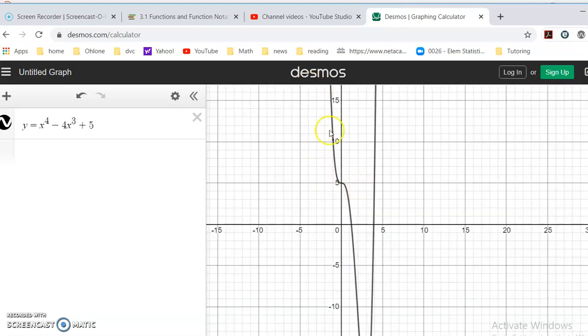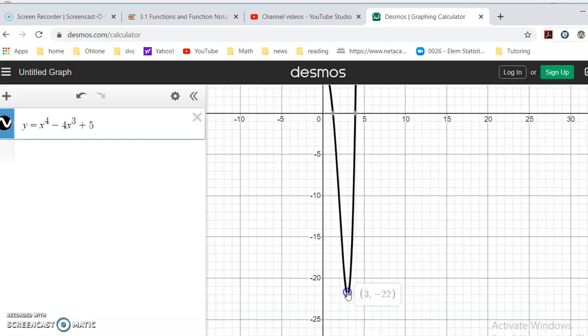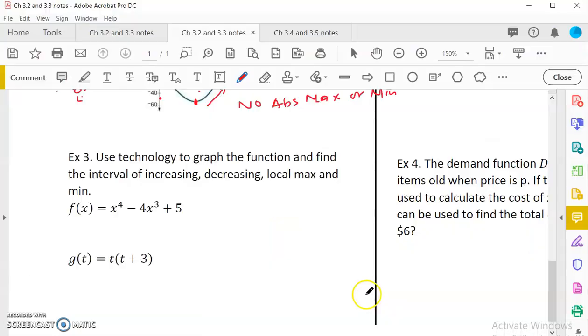I'm just pretending I'm driving the car, so it's sloping down, slopes a little bit, and then going down again. So in this case, I would say from -infinity to x equal to 0, and then from 0 to 3.